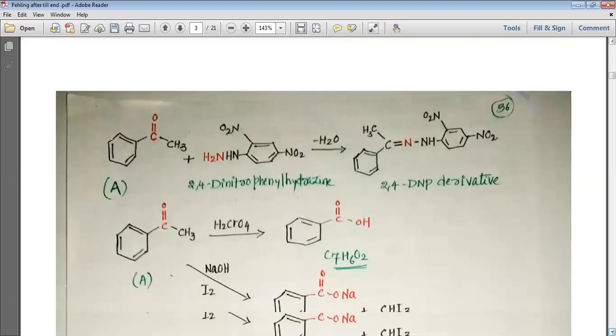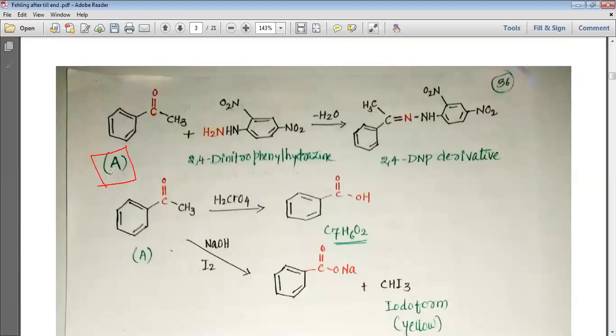And my dear students, you can see that this compound A, on reaction with 2,4-dinitrophenyl hydrazine, gives the 2,4-dinitrophenyl hydrazone.